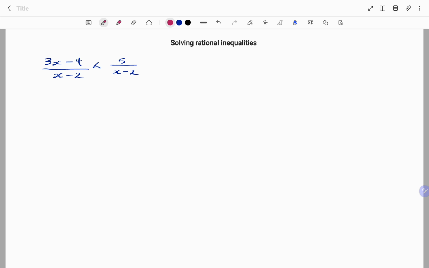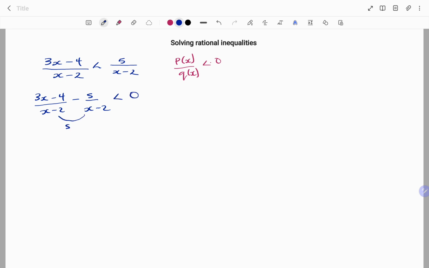In this second example, we have 3x minus 4 over x minus 2 less than 5 over x minus 2. The first step, we need to write it in the form p of x over q of x less than 0. So writing it in that form, we need to move our 5 over x minus 2 to our left-hand side. That will give us 3x minus 4 over x minus 2 minus 5 over x minus 2 less than 0.